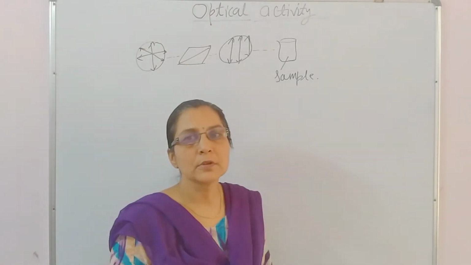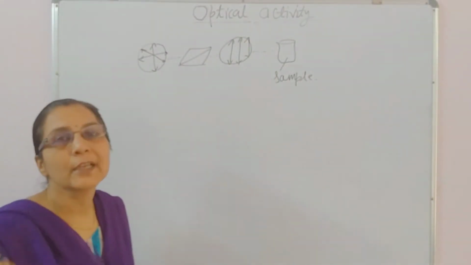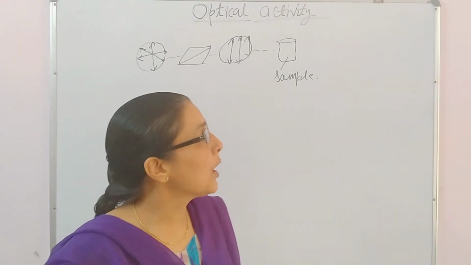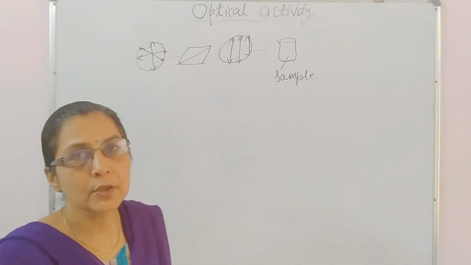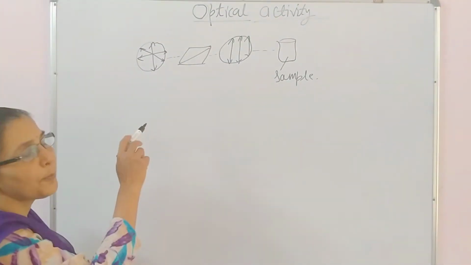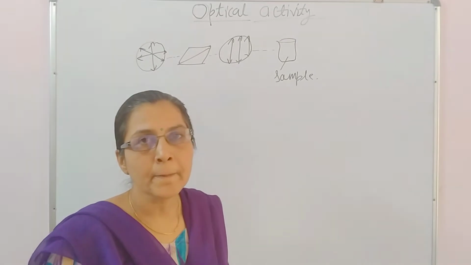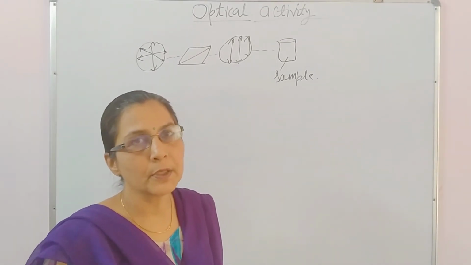Good morning, students. Today we are going to work on optical activity. As we know, there are 2 types of stereoisomers. Stereoisomers means the positions of the various groups are different, and due to spatial arrangement the properties will be different.